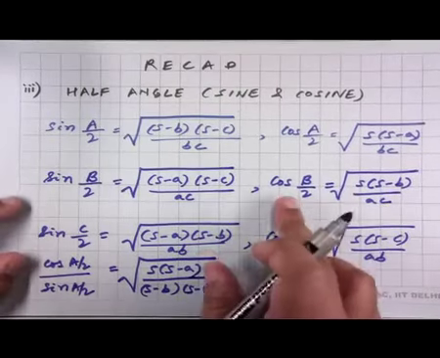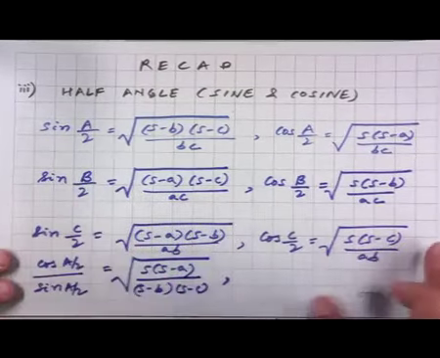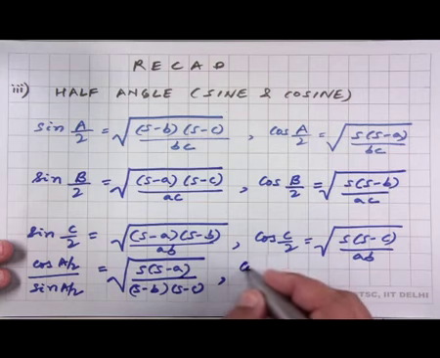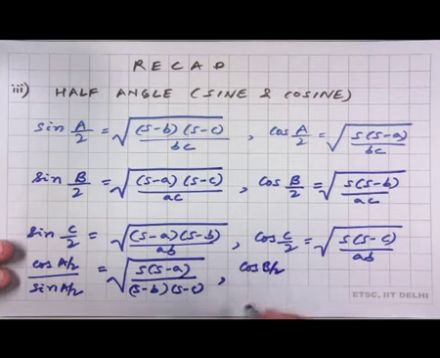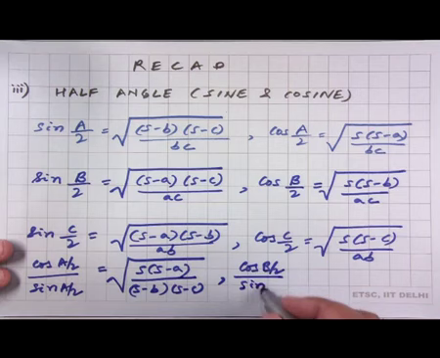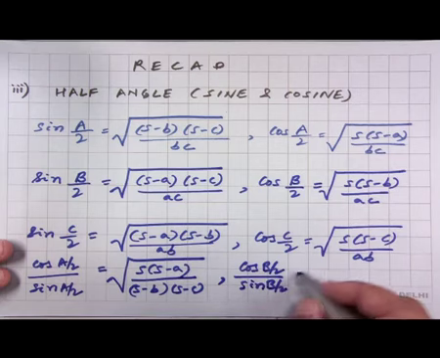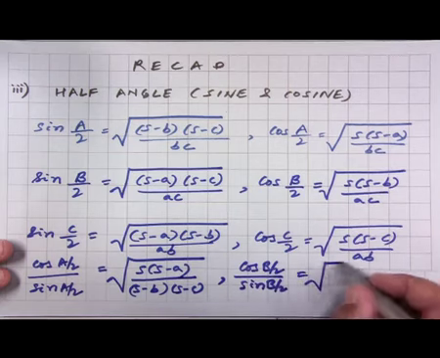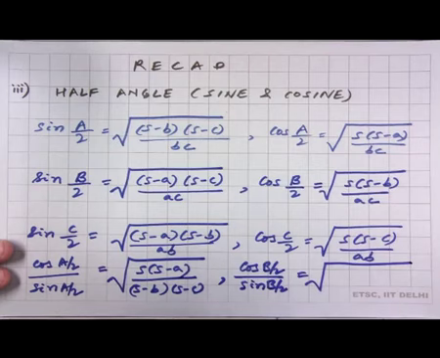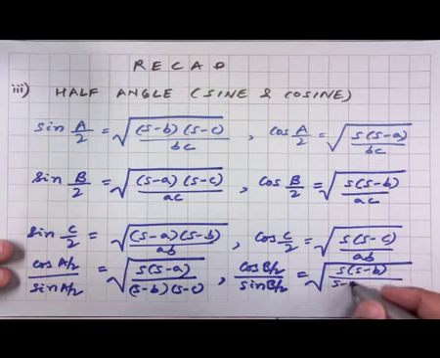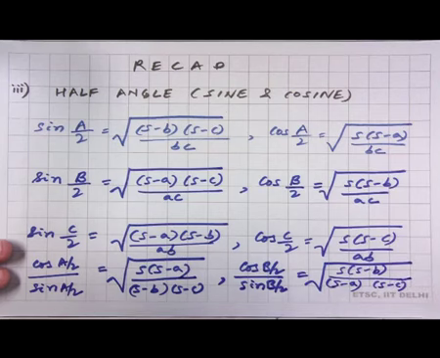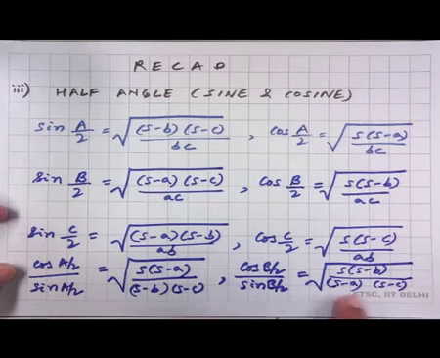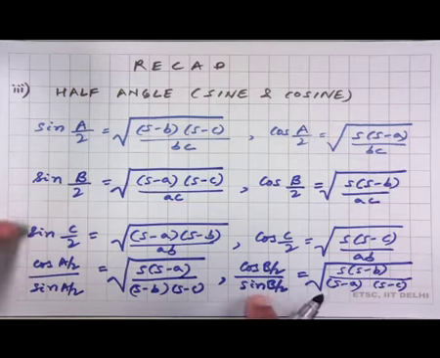So again we divide, and we get cos B by 2 over sin B by 2 equals square root of s into s minus b over s minus a into s minus c. So, we will use this right hand side for this expression in our equation.